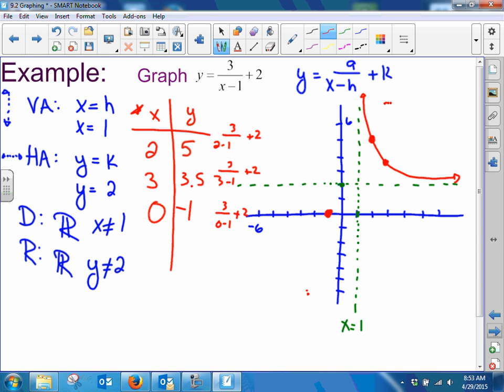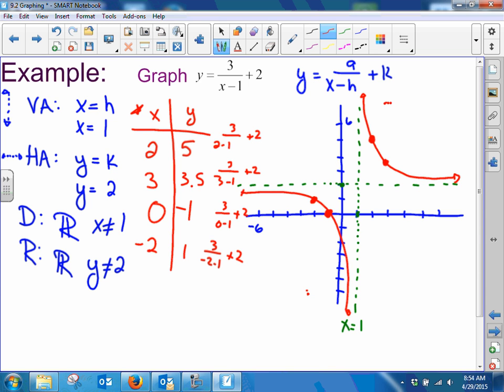And then give me one more point. -2. Yeah. Very good. Because then I get 3 divided by -2 minus 1 plus 2. So 3 divided by -3 is -1. -1 plus 2 is 1. So -2, 1. Do you see this curve now? It's going to get really close to that horizontal and then really close to the vertical.